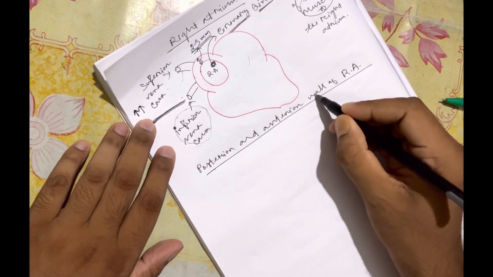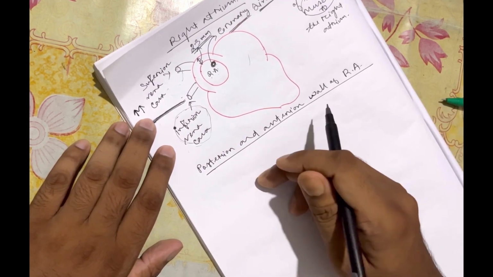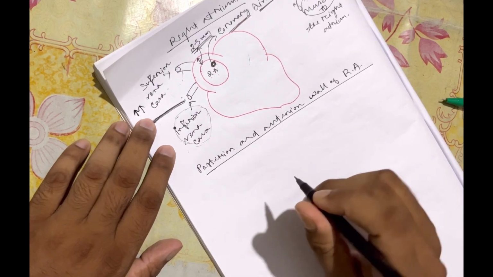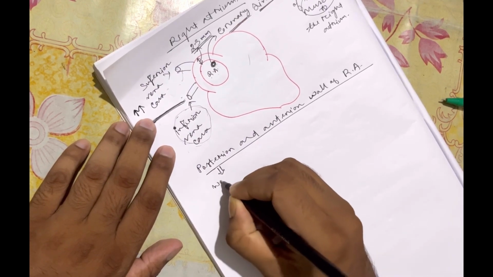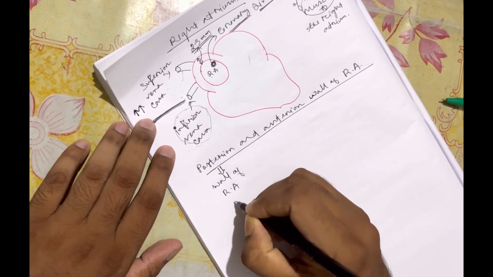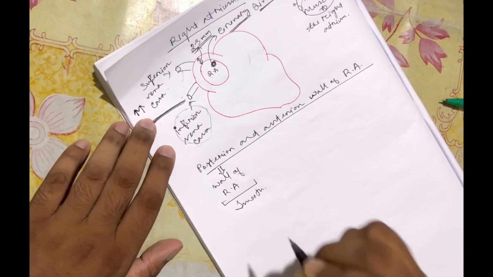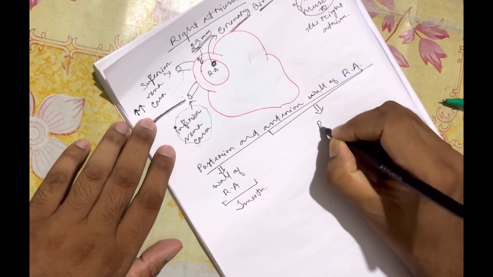There is a little difference in the structure of the posterior and anterior wall of the right atrium. The posterior wall of the right atrium is quite smooth, but the anterior wall of the right atrium is rough.